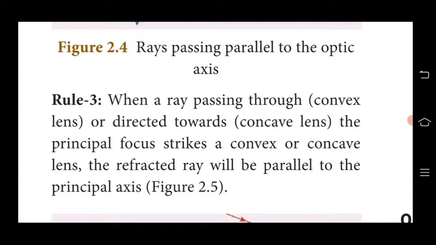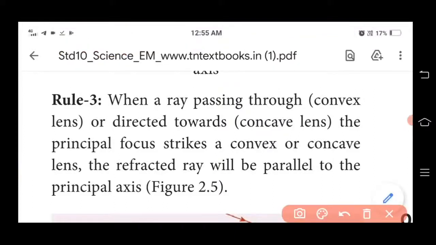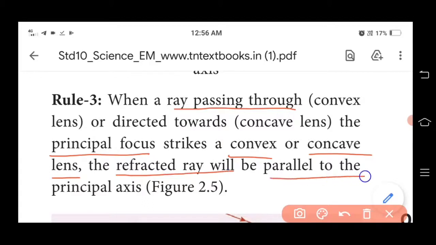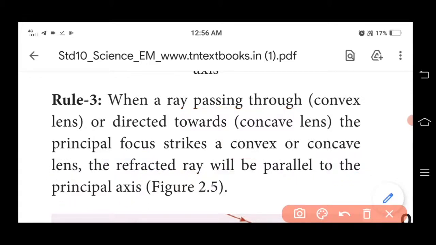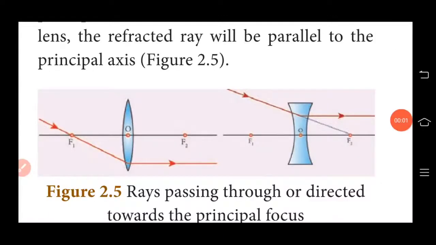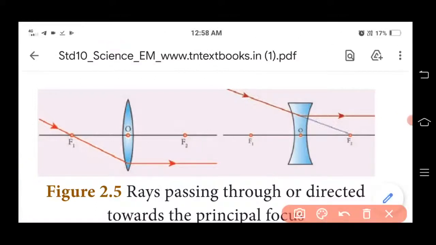Third rule, when a ray passing through or directed towards the principal focus strikes a convex or concave lens, the refracted ray will be parallel to the principal axis. Students, this is the inverse of the second rule.